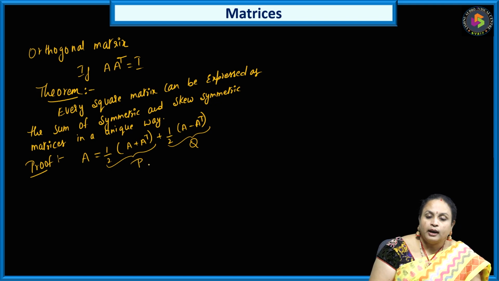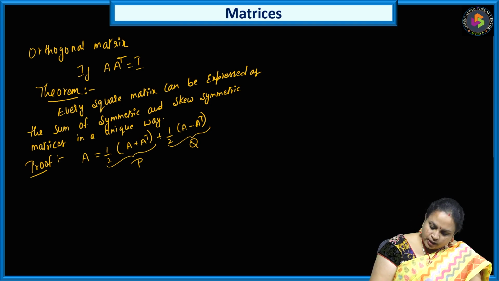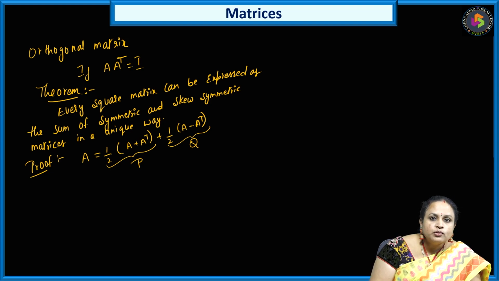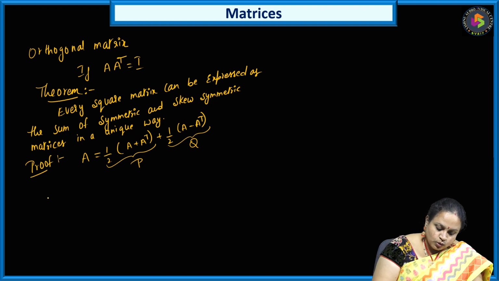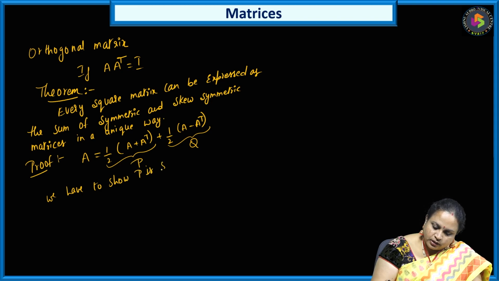We have to show that P is a symmetric matrix and Q is a skew symmetric matrix, so that the matrix A is expressed as the sum of a symmetric and a skew symmetric matrix.